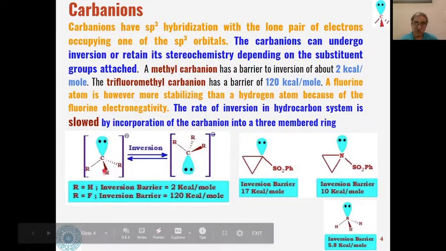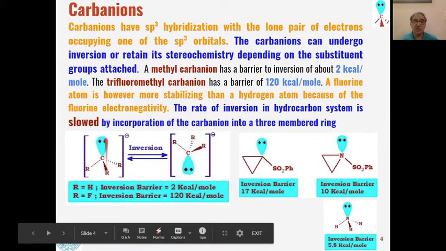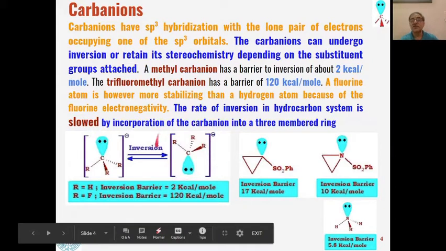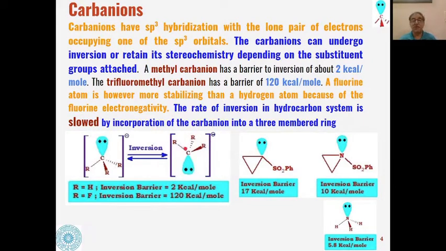This intermediate can invert if we supply a sufficient amount of energy to this carbanion. And the energy required for inversion from one position to the other position depends upon the type of groups attached to the carbanion.